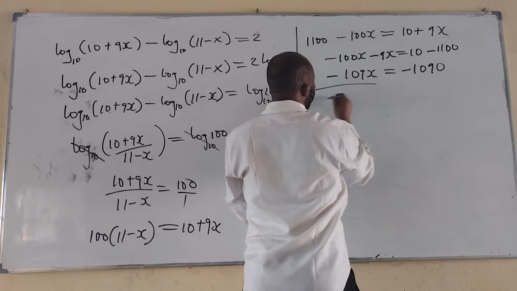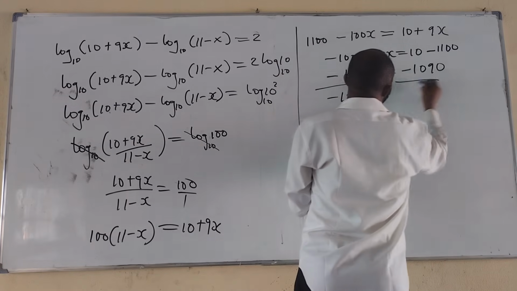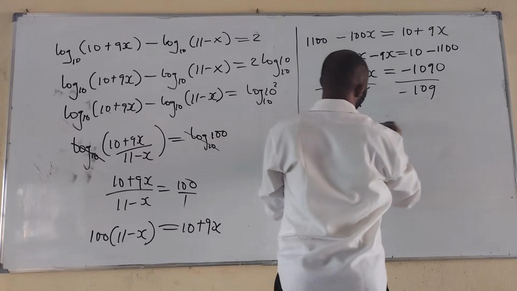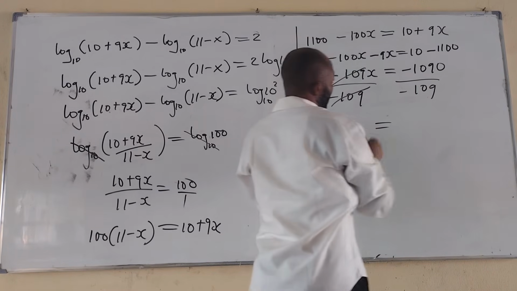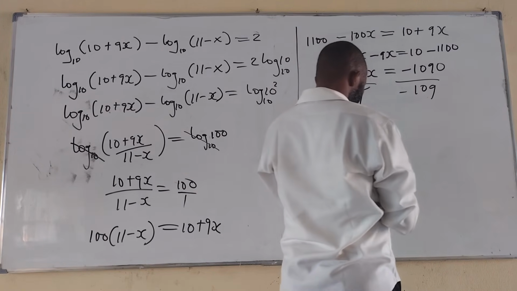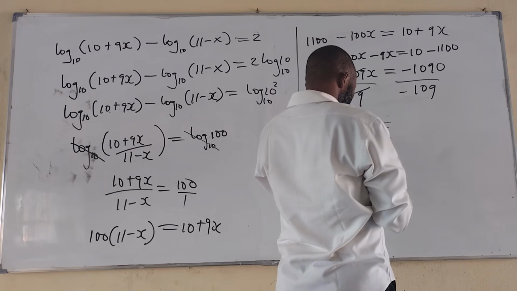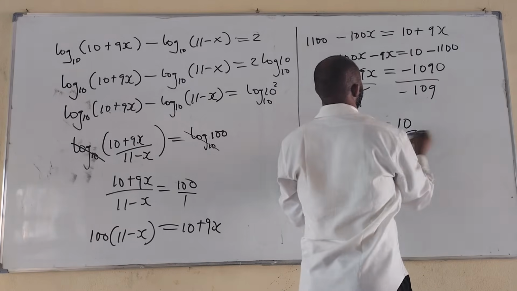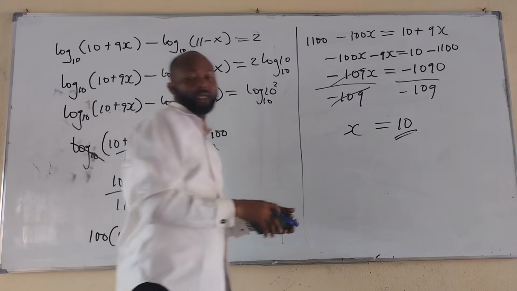Divide both sides by minus 109. This will cancel. My x is equal to 1090 divided by 109, which is 10. So our answer there is 10.